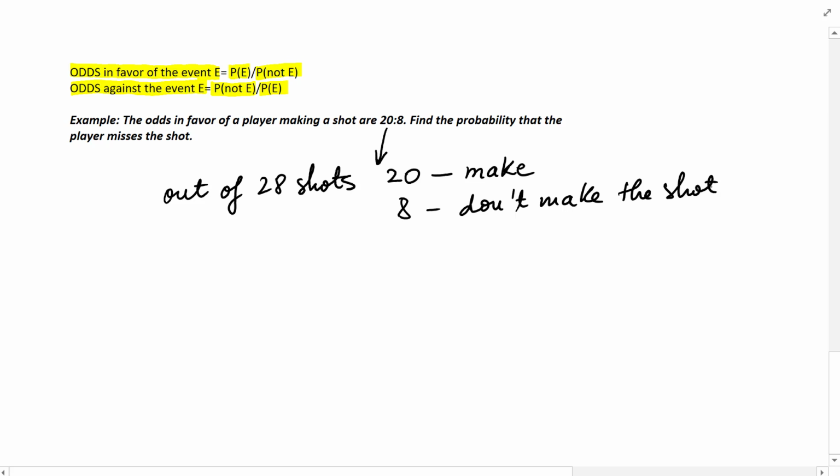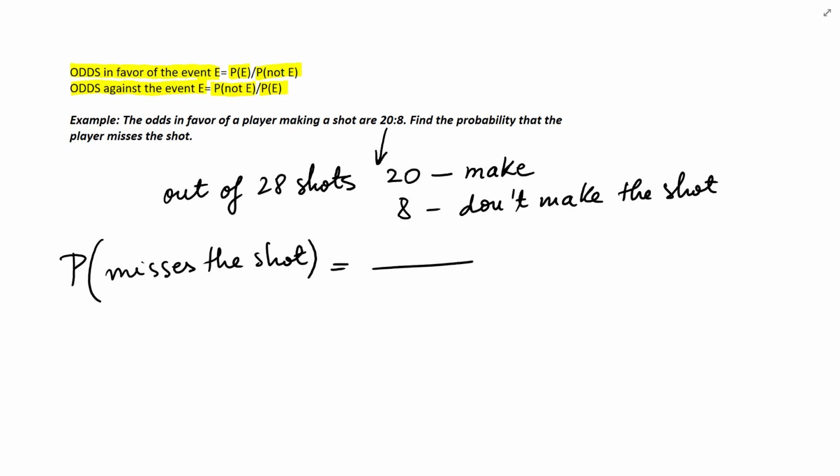So when we have to find the probability that the player misses the shot, this is given by the number of times he misses the shot. Well, that's 8. And then the total number of shots, 28. So if we divide by 4, we get 2/7.